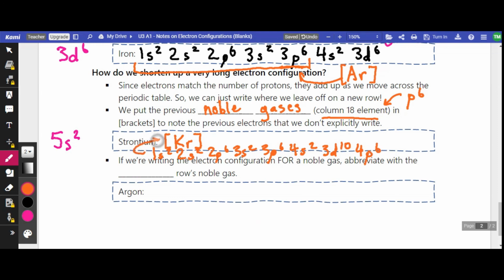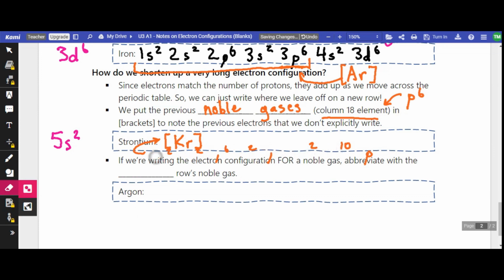All that is included in this little Kr in brackets. Okay, now I'm kind of defeating the point of doing the shortcut because I just wrote all that out. But when you take advantage of the shortcut, it'll be like, hey, I don't have to write all this stuff out. I can just write Kr in brackets, and that's what I mean. I'm saying everything up through 4p6 is included in those brackets.